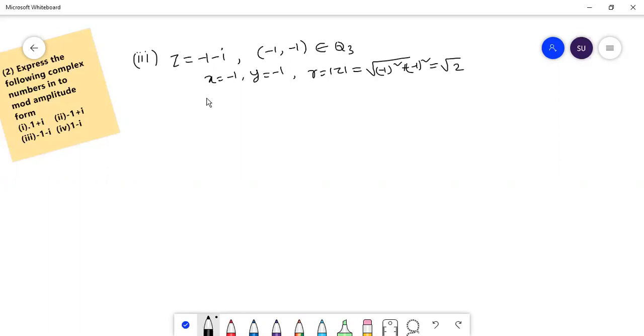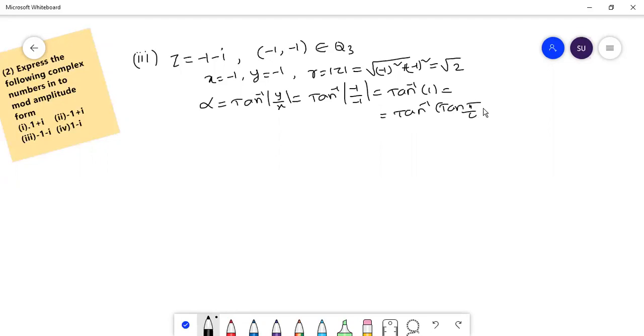Then what about theta? In order to find theta, first we need to find alpha, that is tan inverse mod y by x, which is equal to tan inverse minus 1 by minus 1, which is equal to tan inverse 1 only. What is tan inverse of 1? It can be written as tan inverse of tan pi by 4.